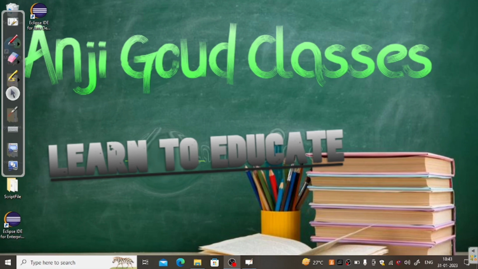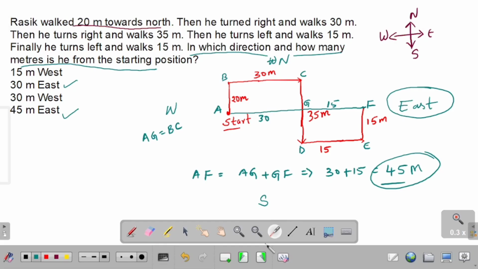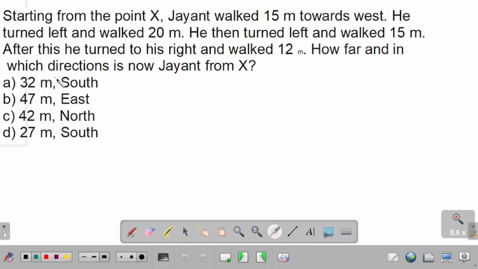So now see the next question. What is the next question given? The next question is: starting from the point X, Jayant walked 15 meters towards west. He turned left and walked 20 meters. He then turned left, walked 15 meters.